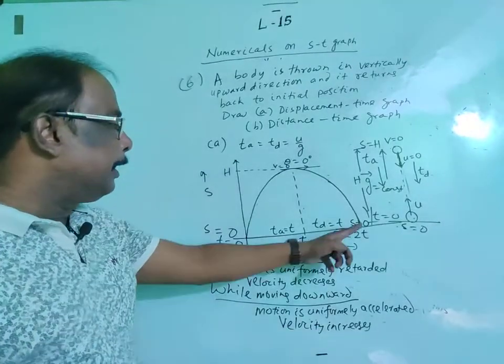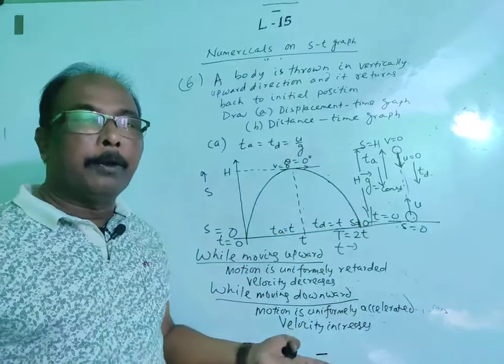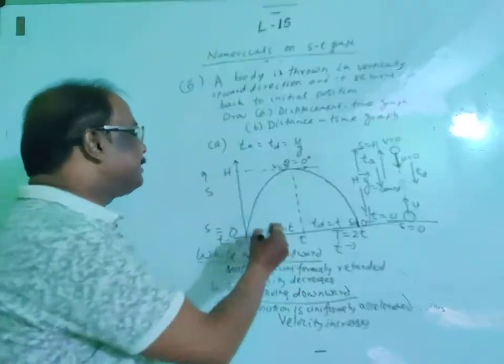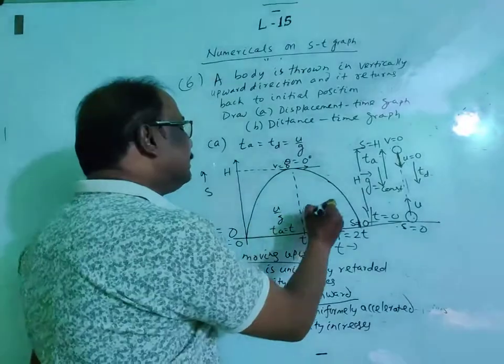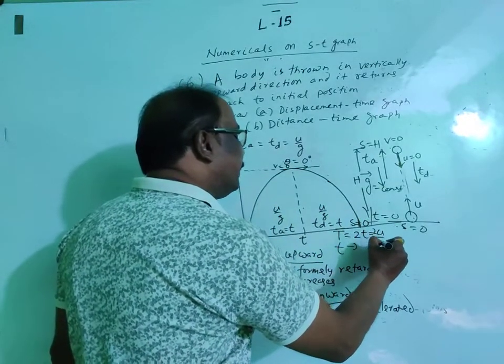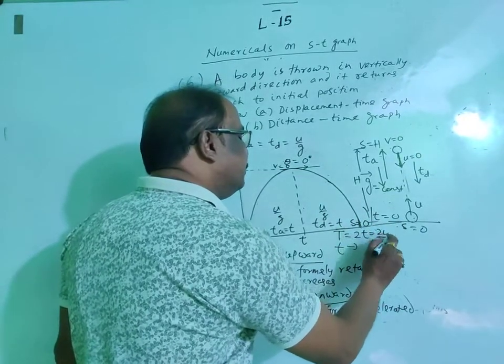If the magnitude of initial velocity is given, then we can calculate the time of ascent as well as the time of descent. This is equal to u by g, this is equal to u by g, and total time is 2u by g.